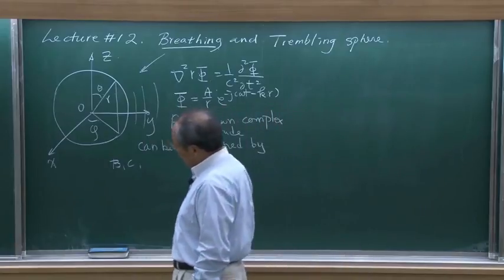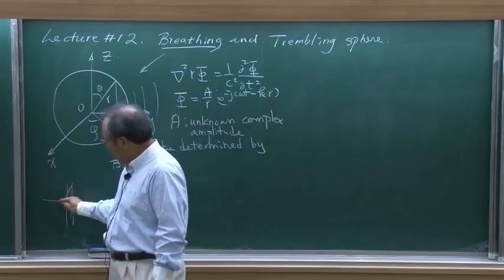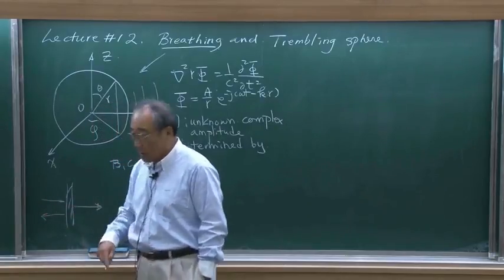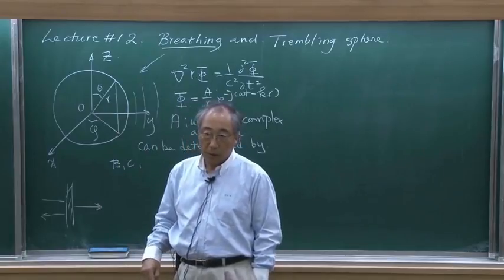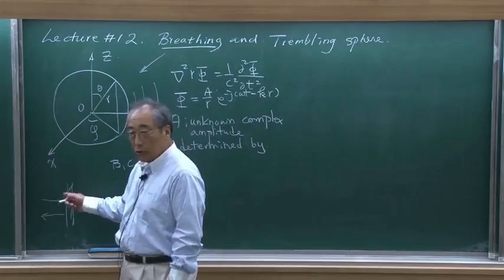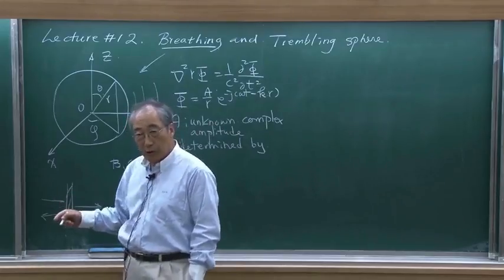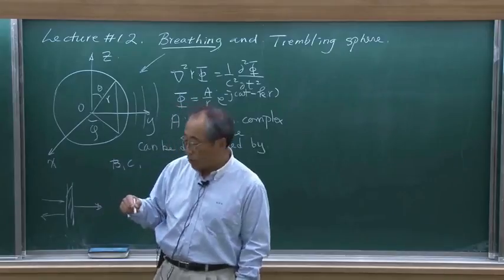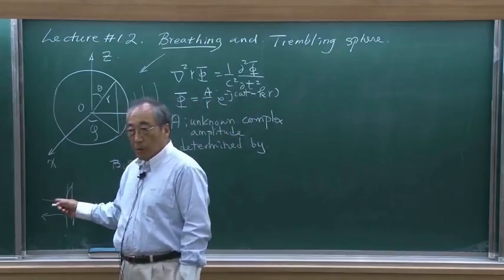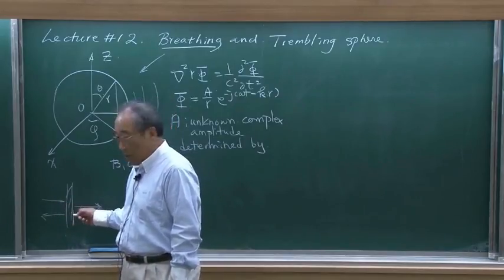When we talk about, for example, an incident wave and a reflected wave, and there is a transmitted wave, we apply two boundary conditions. One is the pressure continuity boundary condition, or the pressure difference between two surfaces must follow Newton's second law. And the other boundary condition is that the fluid particle velocity must be continuous on both sides.